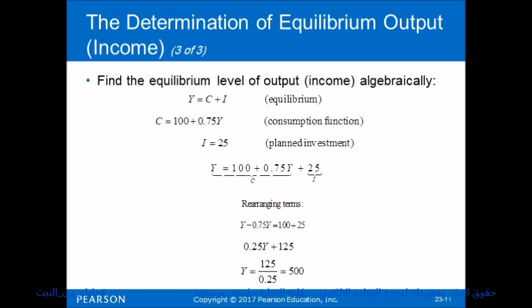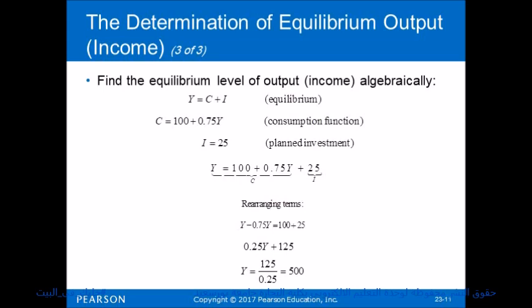And finally, you are given investment, I equals 25, representing planned investment. As you can see, we want to find the equilibrium level of output.